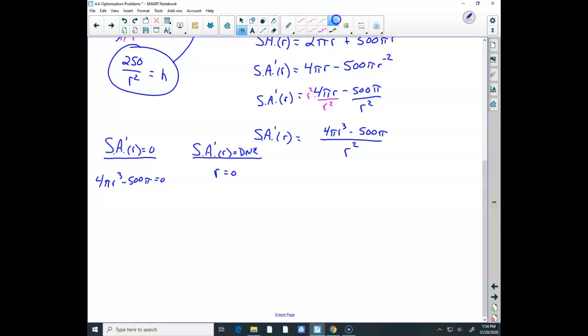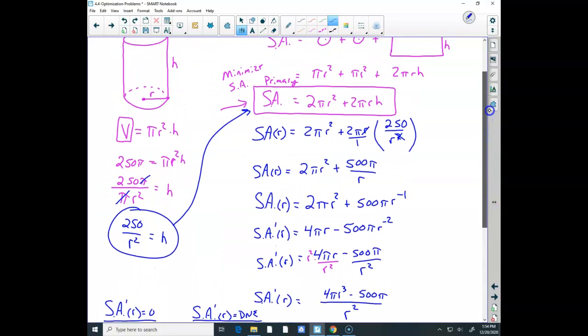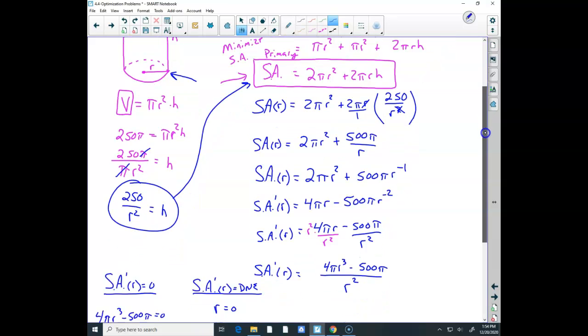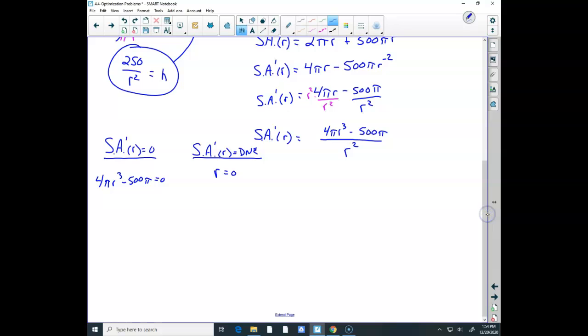If I have a radius of 0, my can fits nothing in it. So I know this one is not in the domain of this application. So I don't even need to test that critical point.